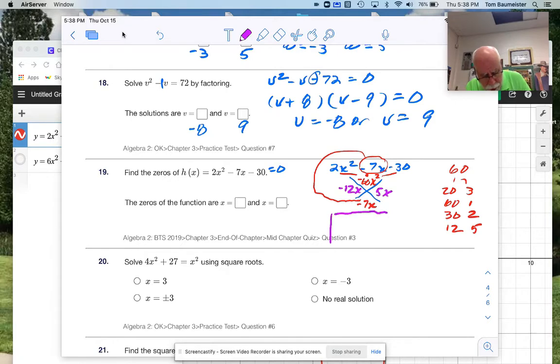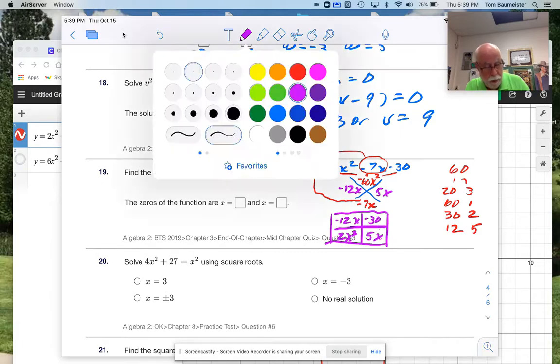So remember here, we did the box. And again, I told you to take the first term and the last term and put it in the box somewhere. So I have 2x squared and I have minus 30. And then we're going to take our two middle terms and put them in the other diagonal. So I'll have negative 12x and I'll have 5x. And now we're going to factor those boxes. What's in common in this column here, ladies and gentlemen?